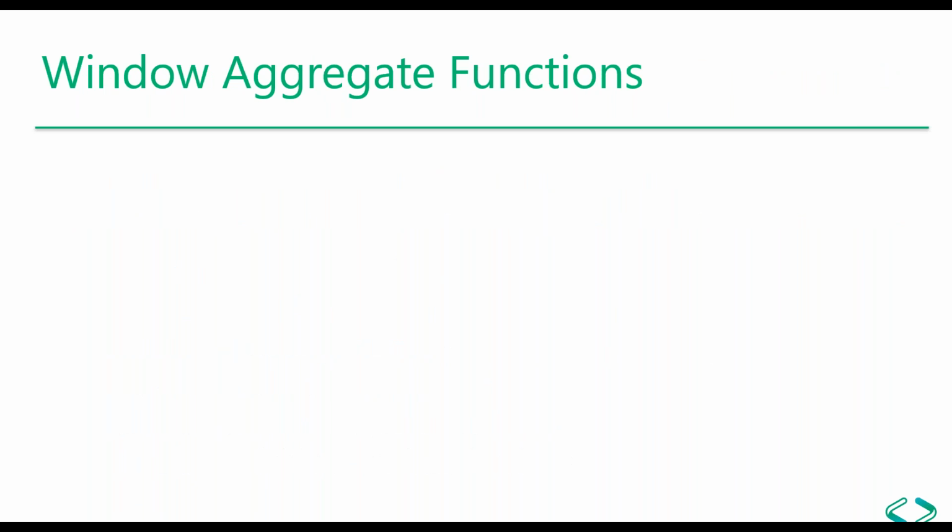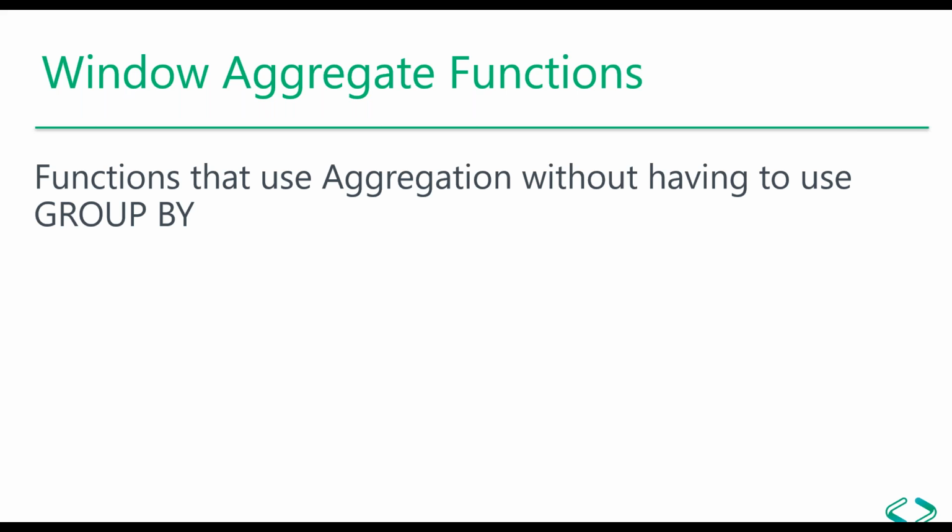All right, so the next one, after our initial set of 4, is called aggregate functions. These are functions that use aggregation without having to use group by. Many of us were taught that when we did aggregation, we had to use group by.